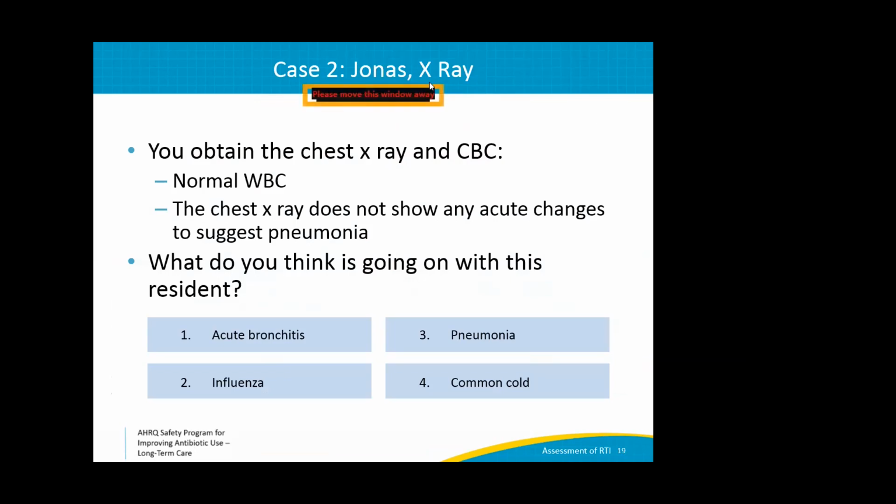So in this case, what do you think is most likely going on with this resident? Is this acute bronchitis, influenza, pneumonia, or the common cold? Give it about 30 more seconds.